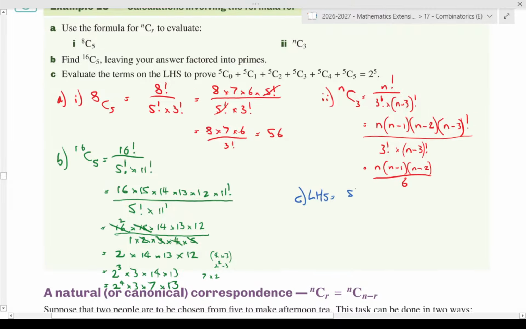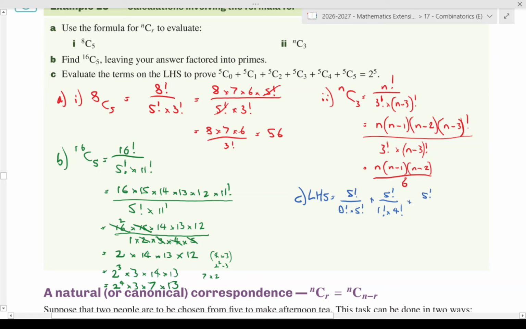So we're going to have 5 factorial over 0 factorial times 5 factorial. Then we're going to have 5 factorial over 1 factorial times 4 factorial. I should be putting plus because that's what's in between them.